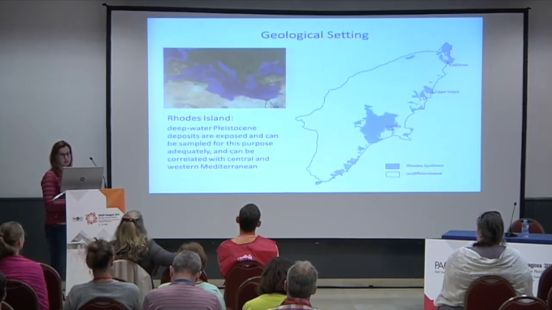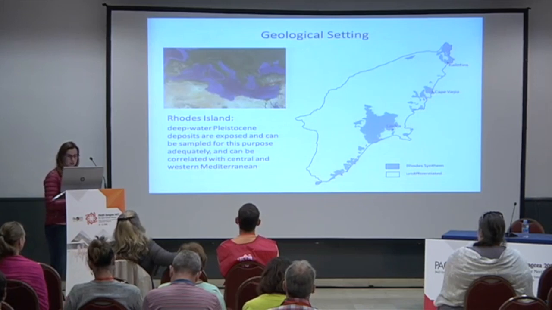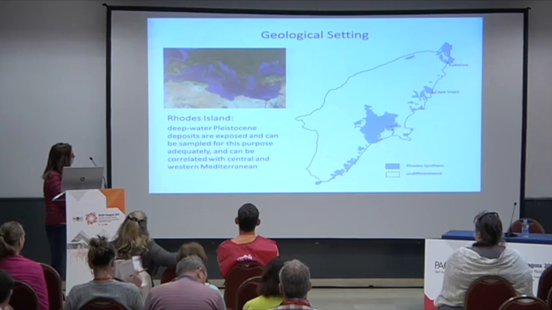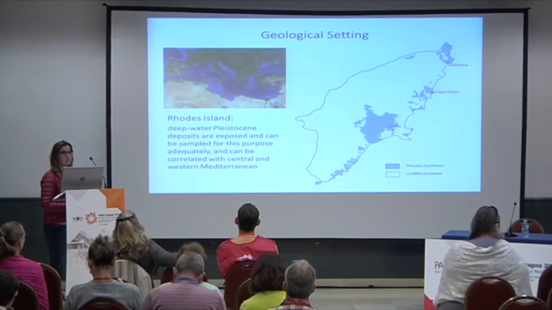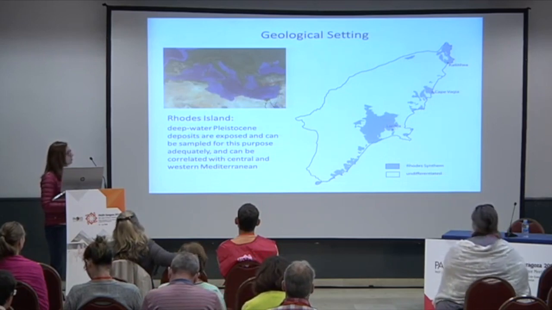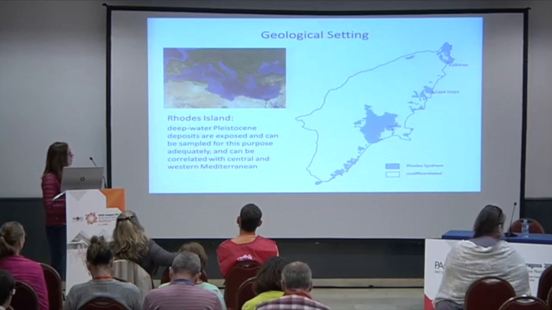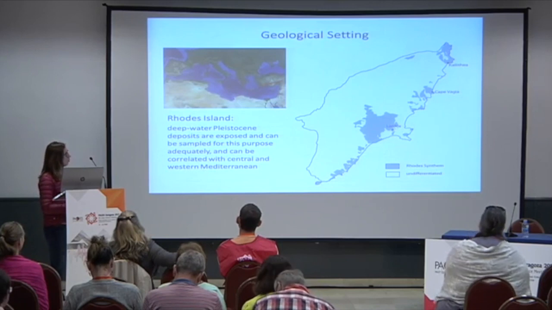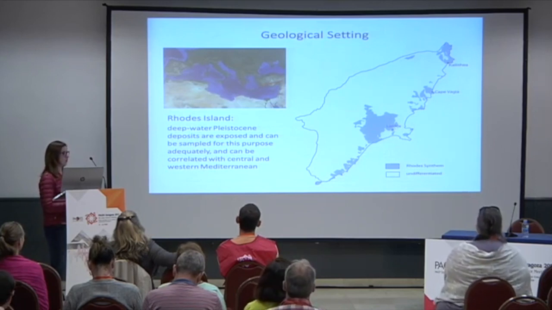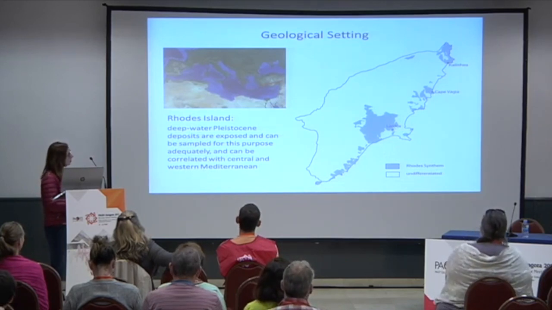Rhodes Island is in the southeastern part of the Hellenic Arc. It's affected by intense tectonics, and since the Pleistocene, it's undergoing anti-clockwise rotation and vertical movements that led to the lower middle Pleistocene deposits, formed in rather deep water, being uplifted.